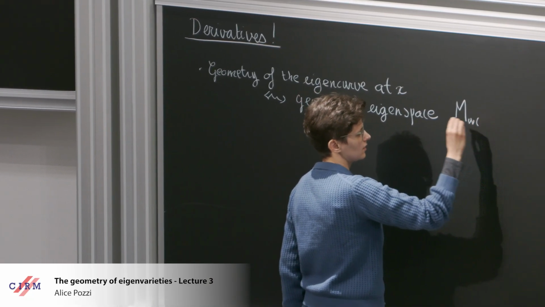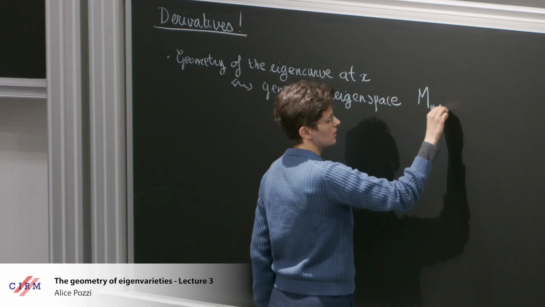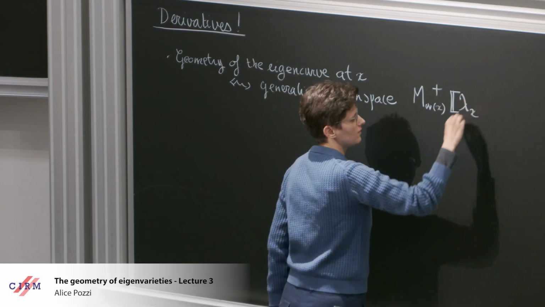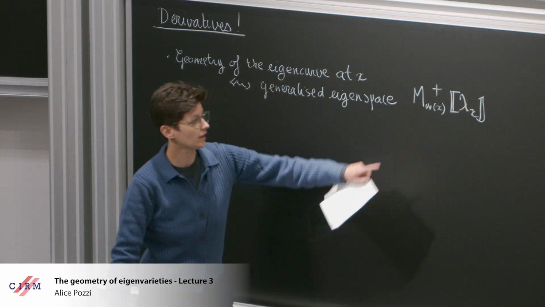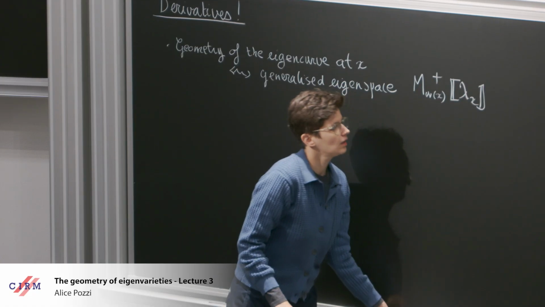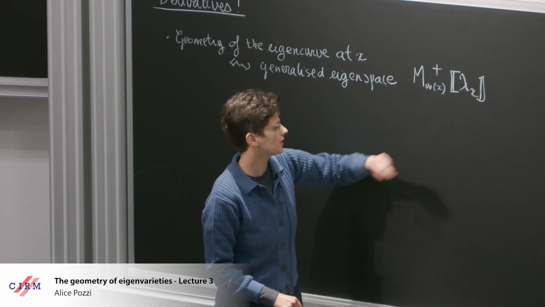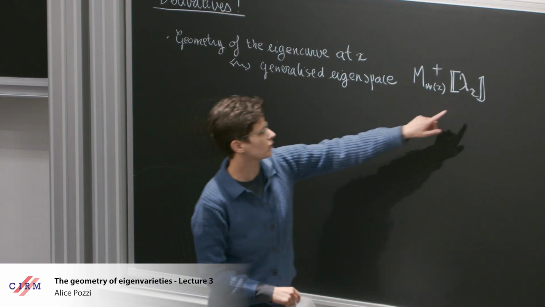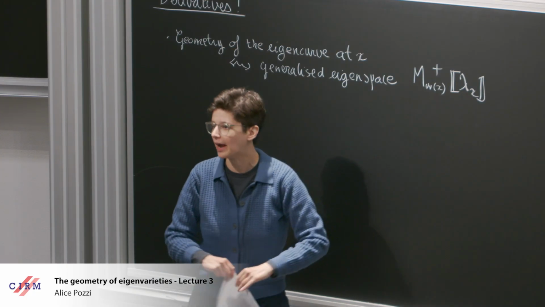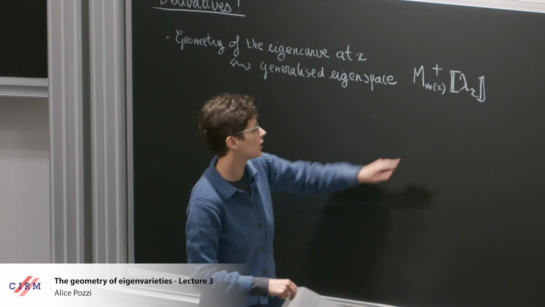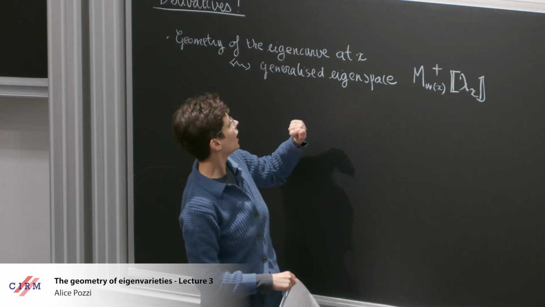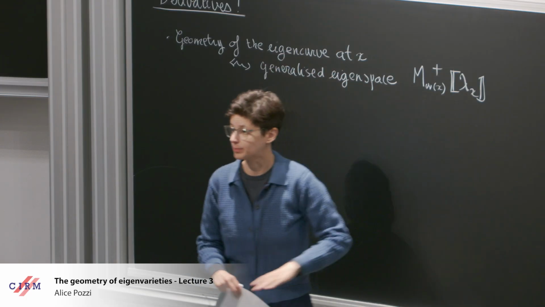So I'm going to look at the fiber over the weight x, and the system of eigenvalues of x in overconvergent forms. Under nice assumptions, for example, if I take the level of the corresponding form away from p to be exactly n, where n is the same level as the eigencurve, we have an equivalence between the eigencurve being étale and this space being one-dimensional.